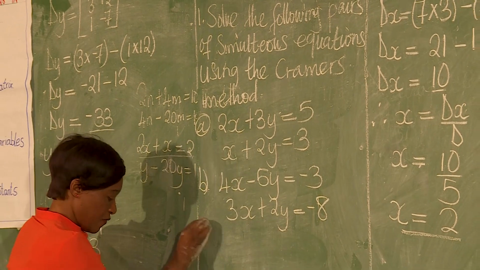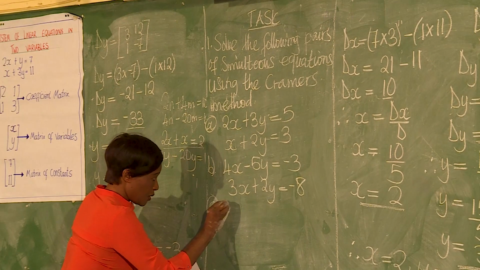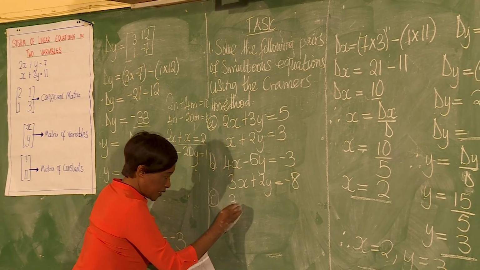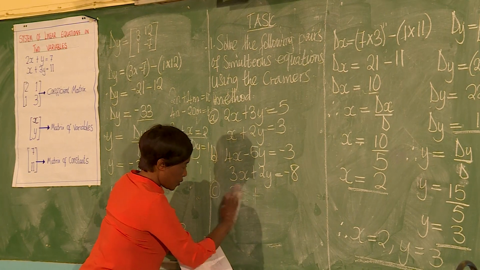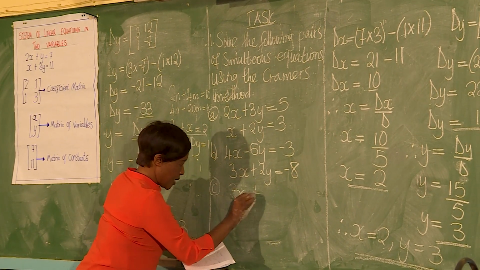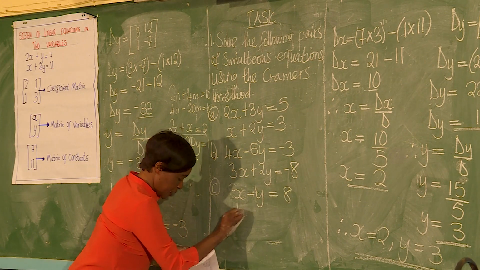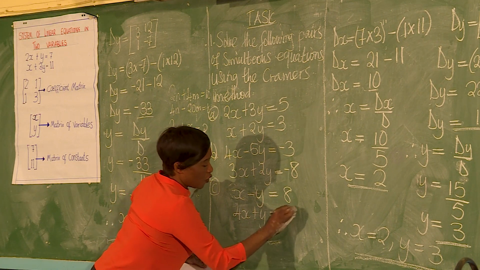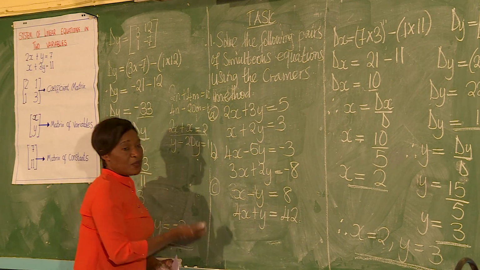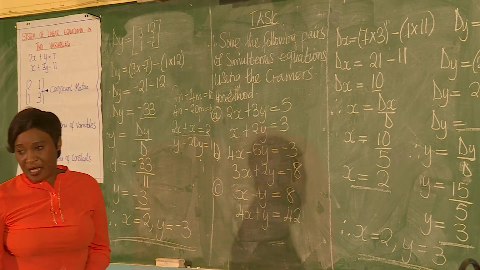Right? Then we have the third one, which is 3x plus, this will be x minus y is equal to 8. Then 4x plus y is equal to 42. So in your free time, you can go through these questions and answer them.